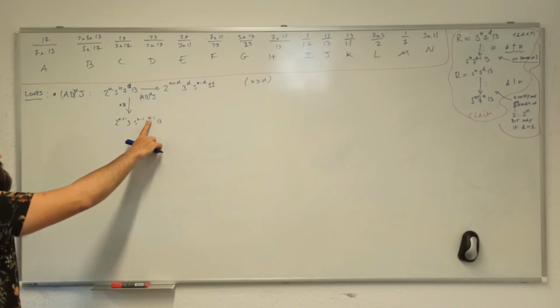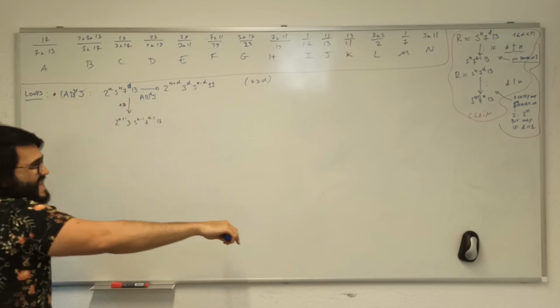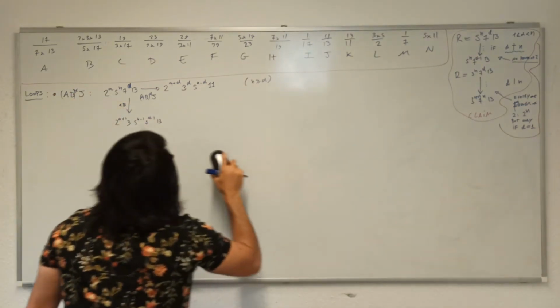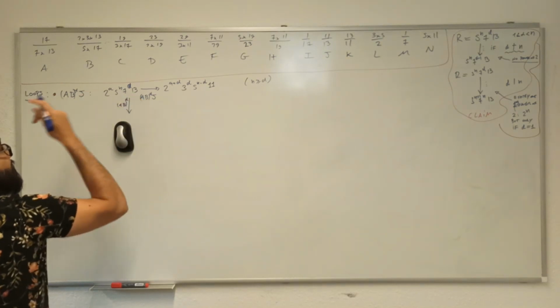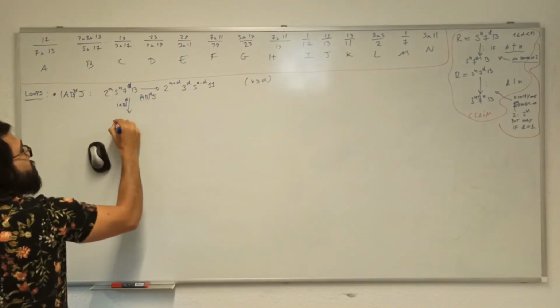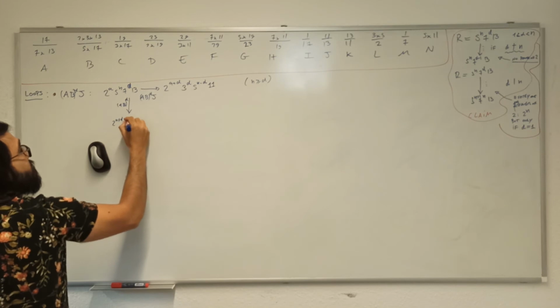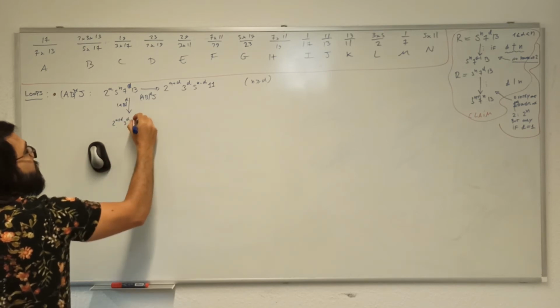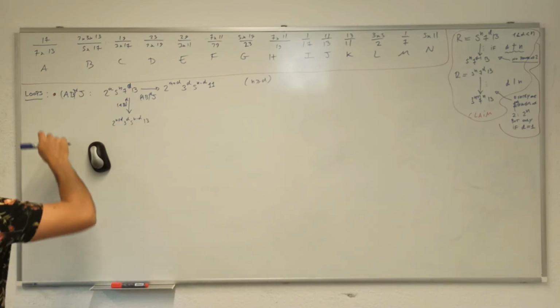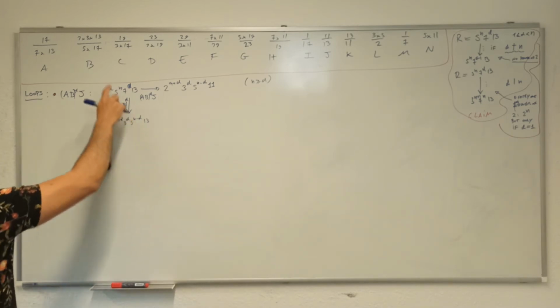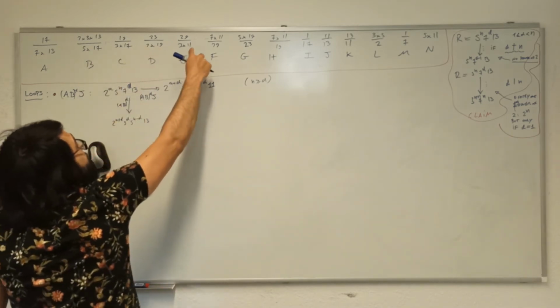And if I don't have a 7, it means that I got to 2 to the a plus d, 3 to the d, and 5 to the n minus d, no 7s, and a 13. So what's the next number I can divide? No, I cannot.